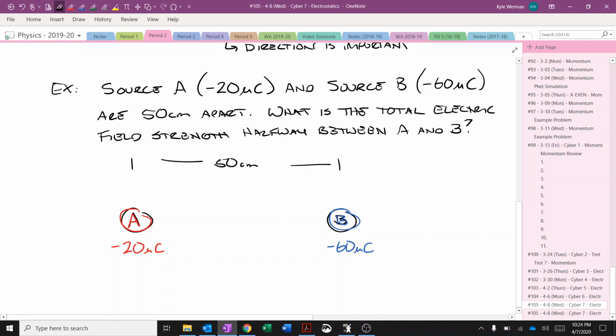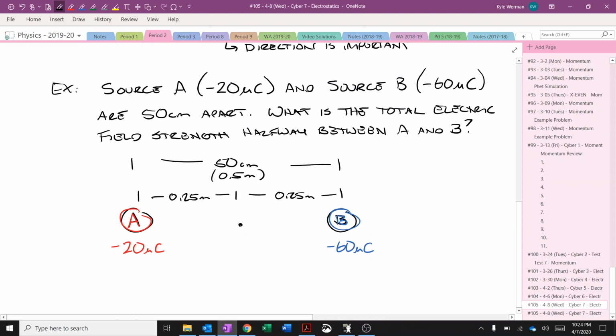We're trying to evaluate E total at that position, right in the middle, and it's helpful to convert this to meters. We want everything in meters, kilograms, seconds, and coulombs. So I really have a half a meter, which means this is a quarter of a meter from here to here, and a quarter of a meter from here to here.